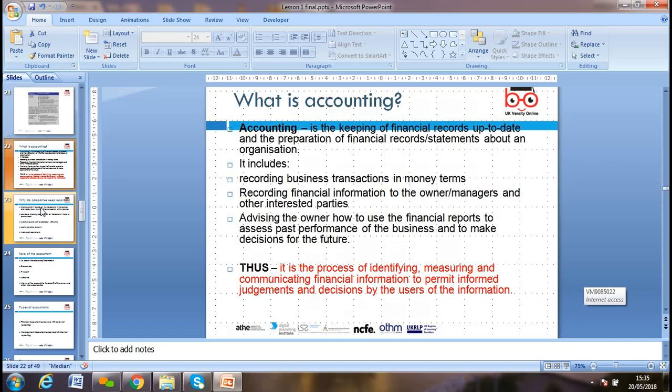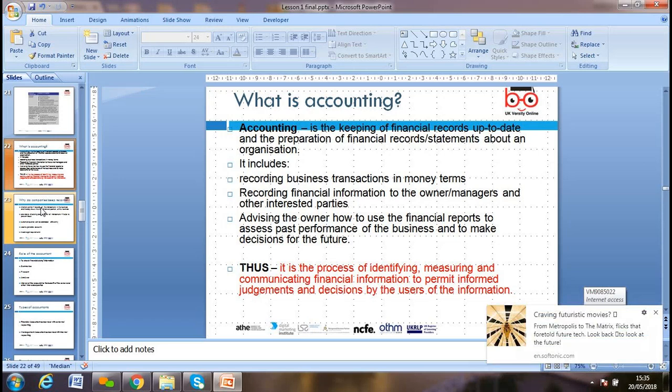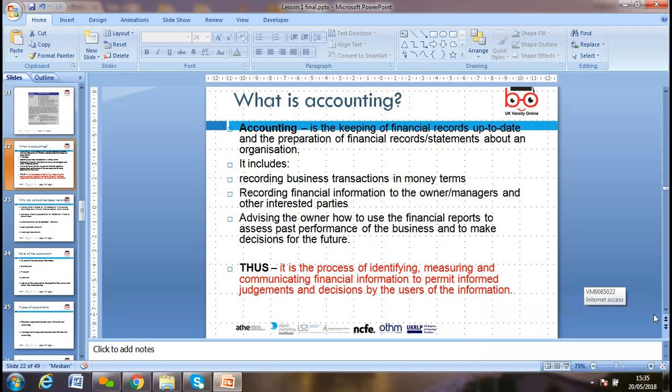What is accounting? What is management? Accounting means keeping the financial records up to date and preparing financial records and statements about the organization. It consists of recording business transactions in money terms, reporting the financial information to the owners and the managers, and advising the owners how to use financial reports and assess the past performance of the business.